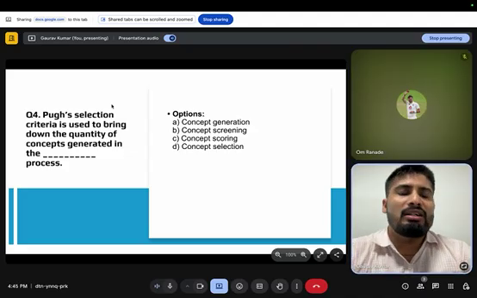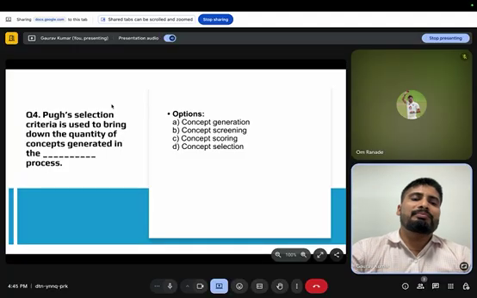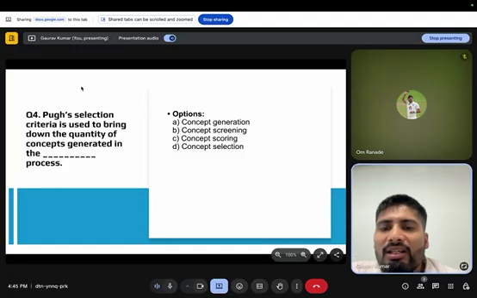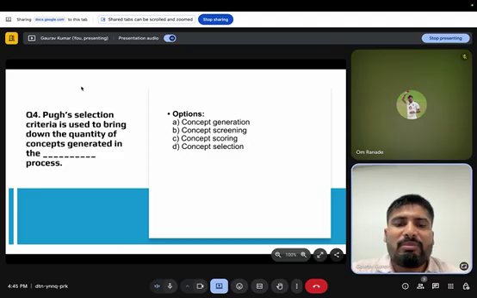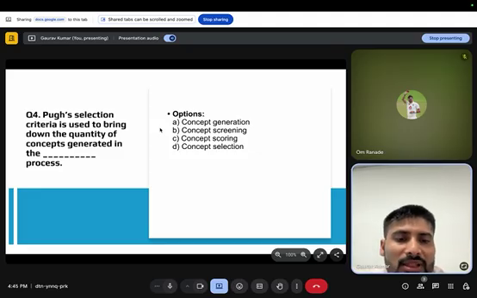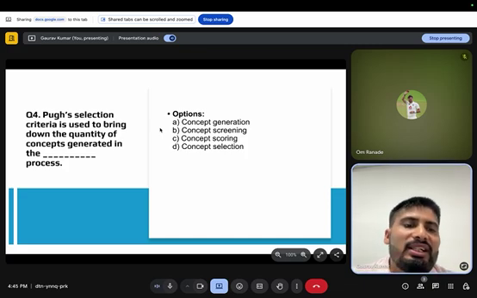So basically, the Pugh method is also known as the decision matrix method, which is primarily employed in the concept screening phase to systematically reduce a large number of generated ideas.